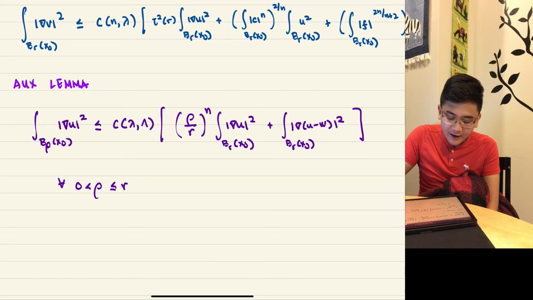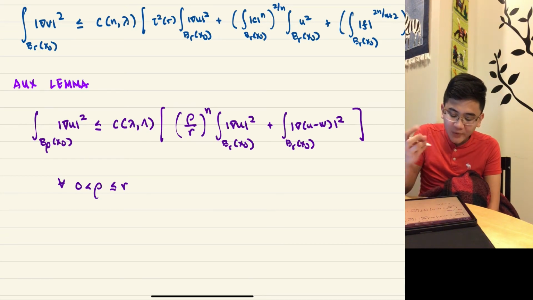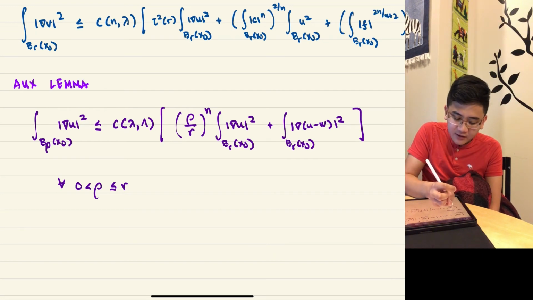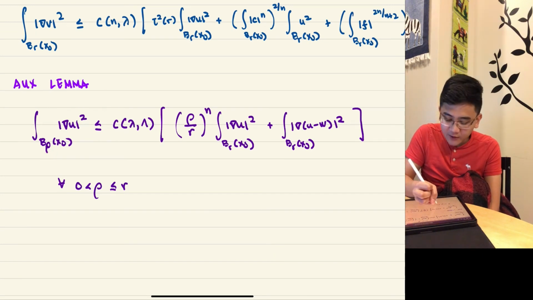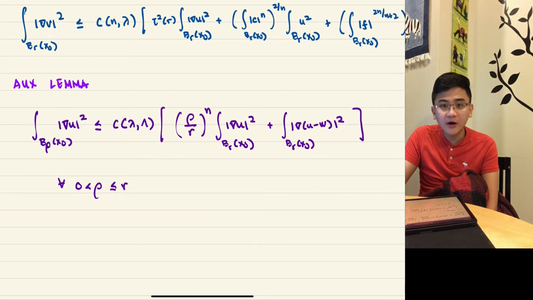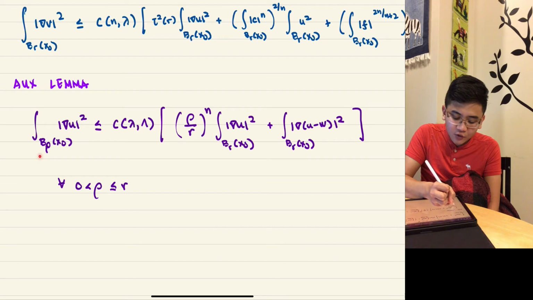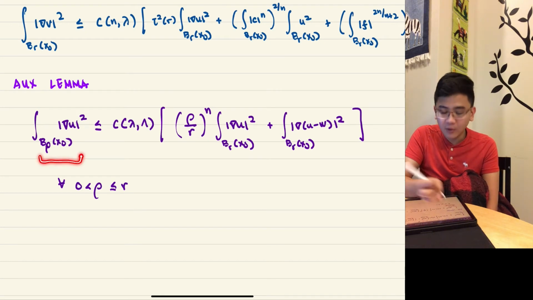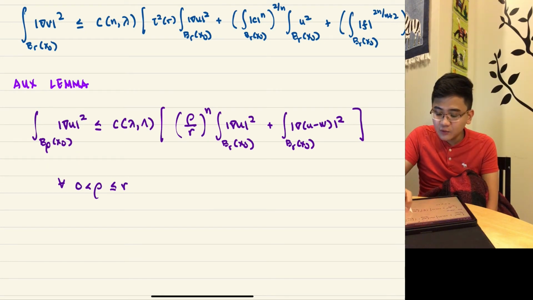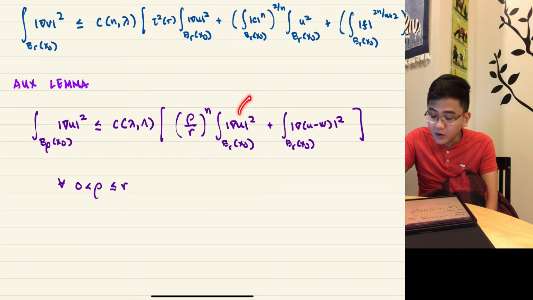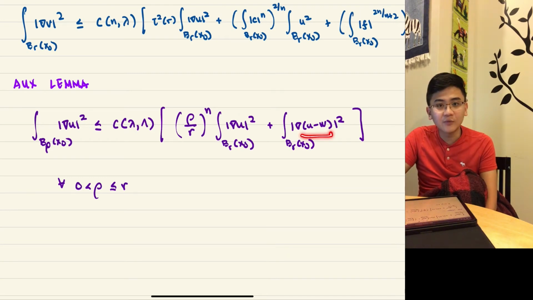But what is this saying? So we have two balls here. One, a smaller one of radius rho, and one, the bigger one of radius R. One is contained in the other one. And what this is saying here is that I can control the L2 norm in the smaller ball by the L2 norm of the gradient of u in the bigger ball, times this thing here, which is the L2 norm of the gradient of the difference.